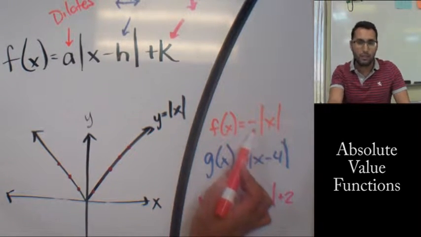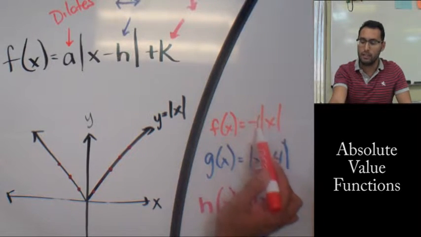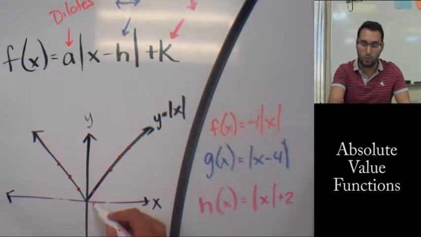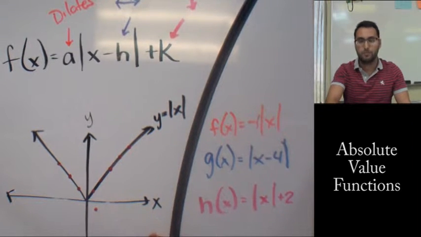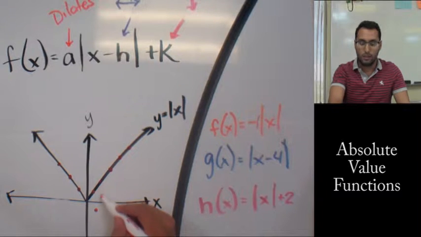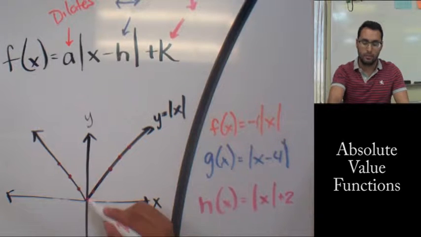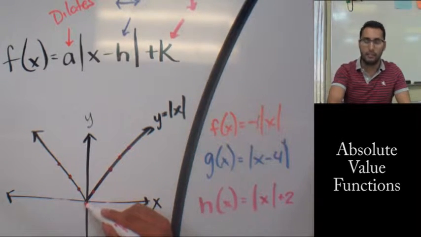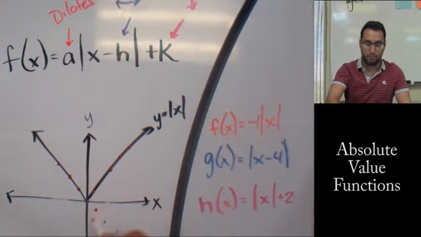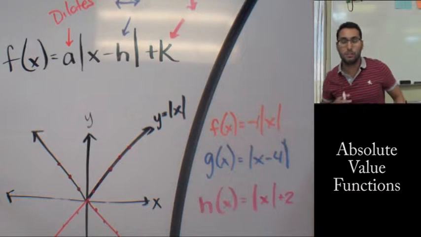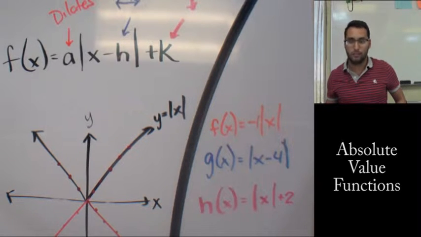Multiply that with our a value, which you can think of as -1. 1 times -1 is -1. So instead of going 1 up, it goes 1 down. Here, +2 is now -2, +3 is -3. At the vertex, on the origin, the height is 0, so it remains there. We get this upside-down V shape, and that is the function of negative absolute value of x.